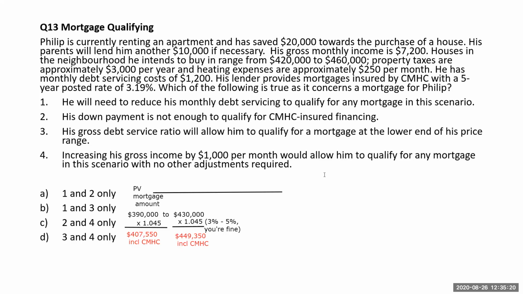I think technically, at the 390, he would only pay 4%, but it's not going to be a huge difference. So we'll just use it, because he would qualify for the 5% down with $20,000 on a $400,000 home. Anyways, we're okay like this. Trust me, we're going to get it.